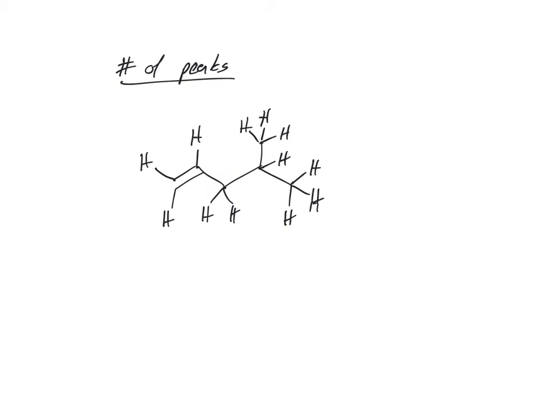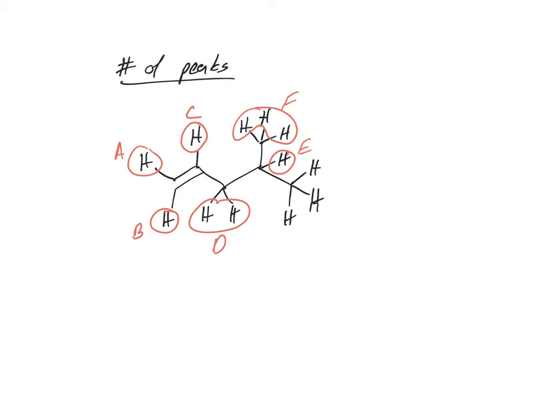We said, let's call this one A, B, C, D, E, and F. Okay? So let's break down the splitting and we'll worry about the frequencies later. You guys should be looking at your tables, but let's worry about the splitting first and how many hydrogens it represents.